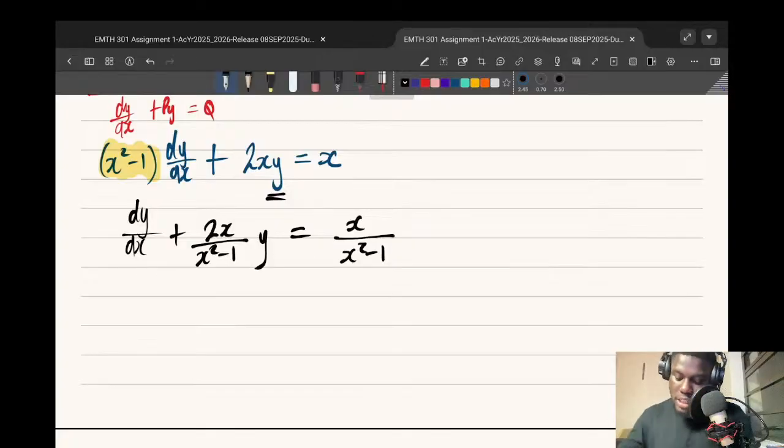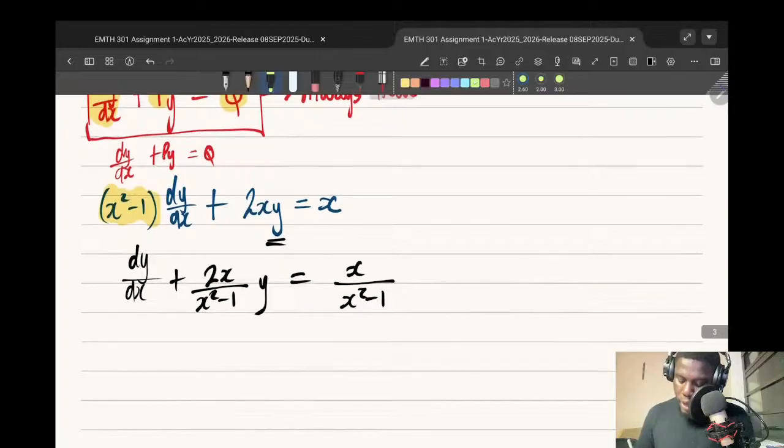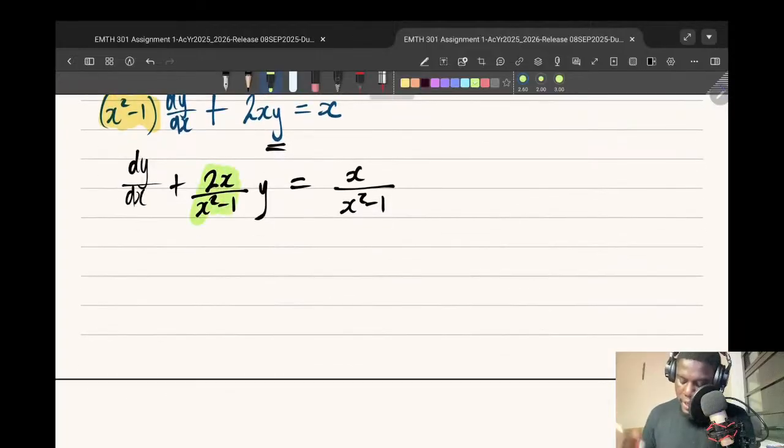Now, once you have it in this form, who is your p? P is the number before y. In this case, it is 2x over x squared minus 1. Who is your q? x over x squared minus 1. Really? Yes.